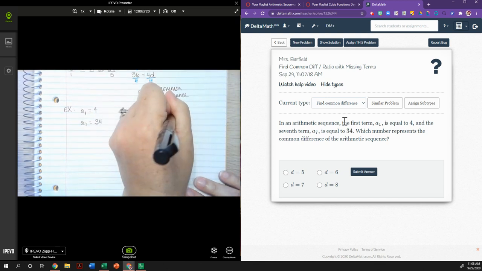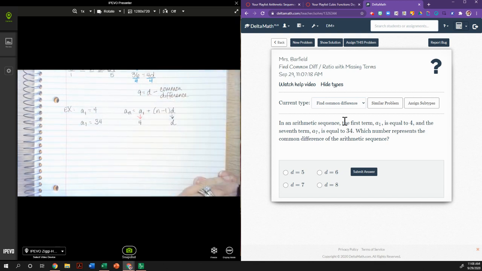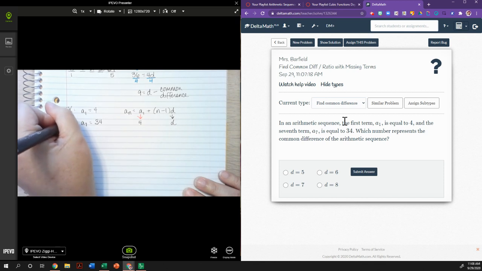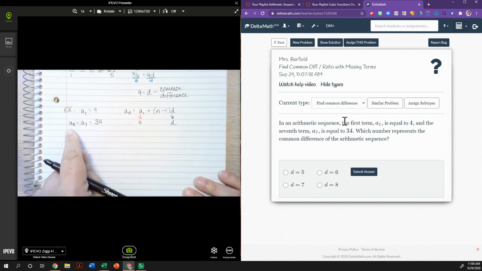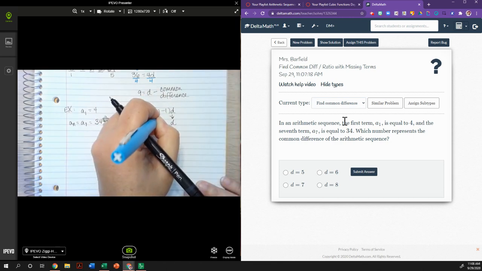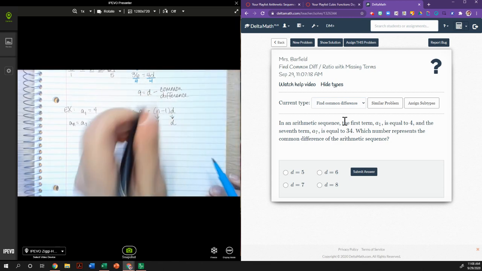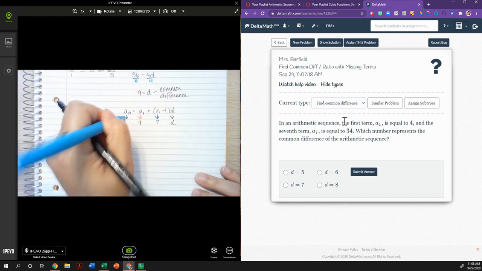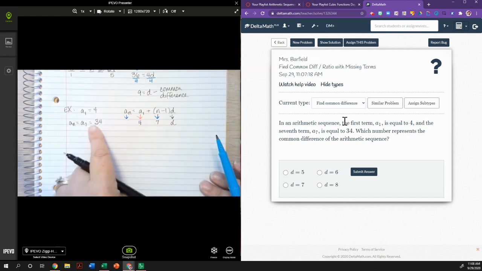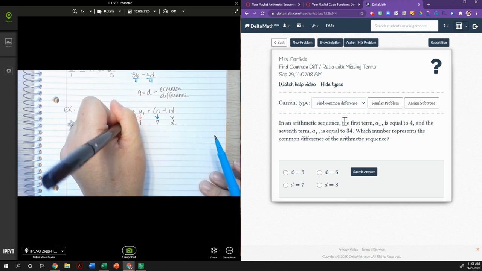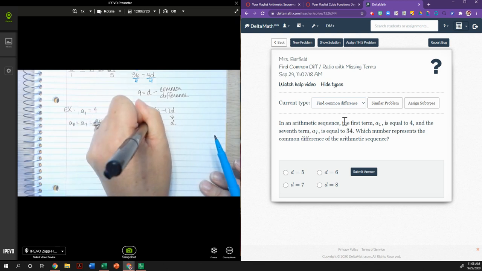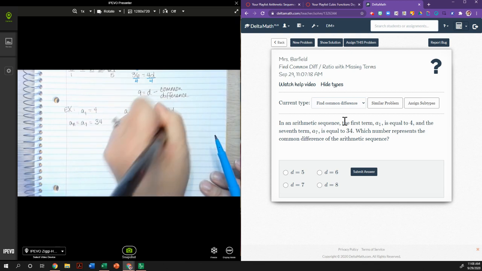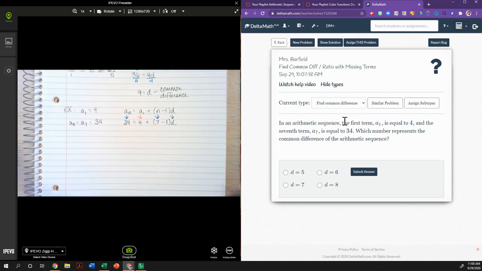We know that we're looking for d. Now we take our second piece of information and we remind ourselves that this is a sub n. So I know that n equals 7, and I know that a sub n also equals 34. So I'm going to bring down my symbols and that minus 1.